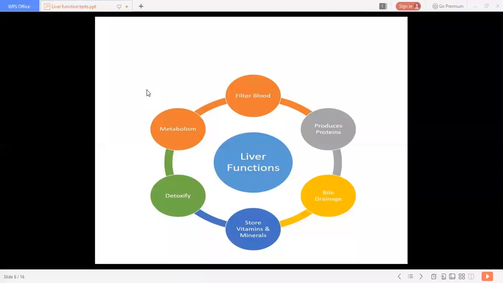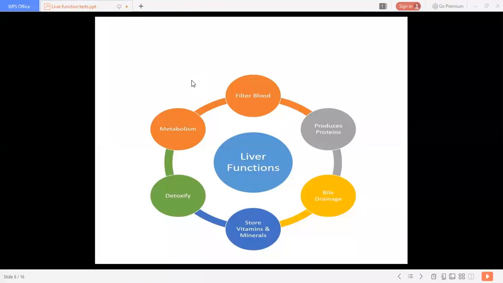Now, what is the normal ratio of albumin to globulin? The albumin to globulin ratio should be 2:1. If there are two molecules of albumin, there should be one molecule of globulin. It is considered normal.